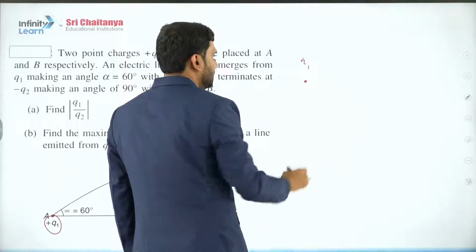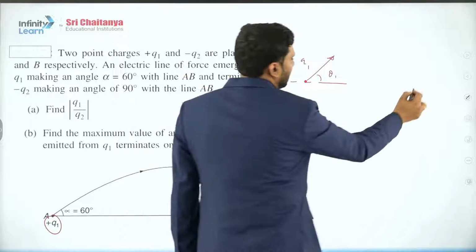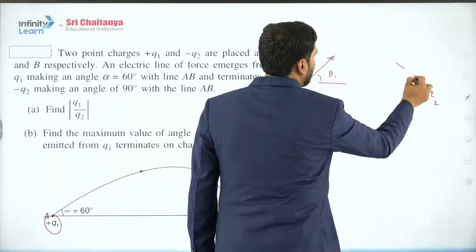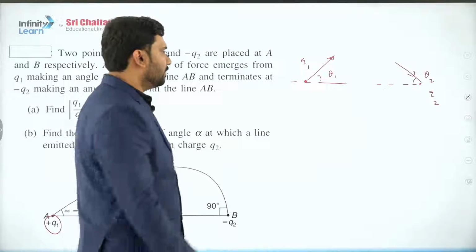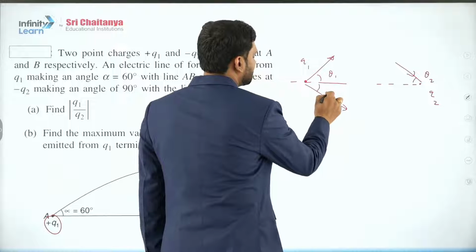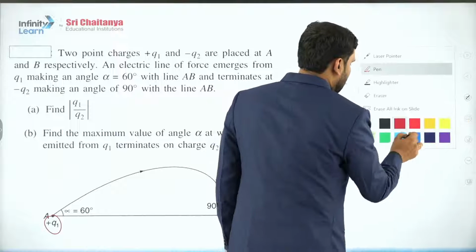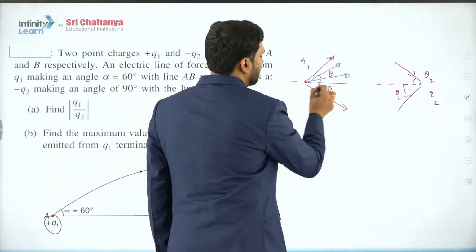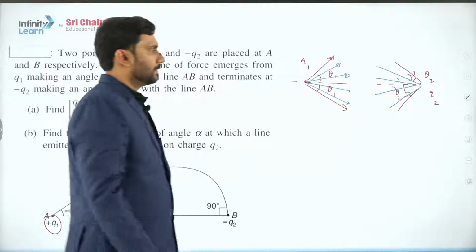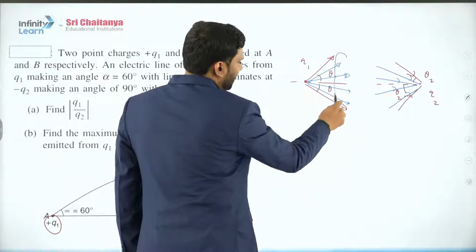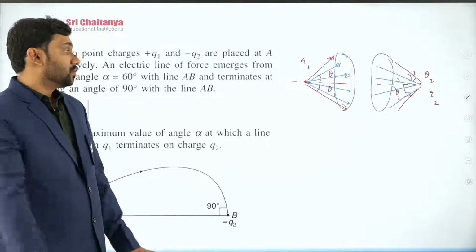Say this is Q1 and field lines are originating like this at an angle theta1, and here is a point Q2 where field lines are terminating at an angle of theta2. So we will build the story like this. We will take this cone, this is theta1, and this cone, this is theta2, and we will assume that all the lines emanating from this charge are converging here. If I see this conical face over here and the conical face over here, we will build the solid angle concept.